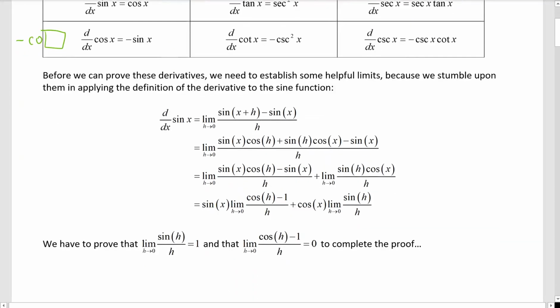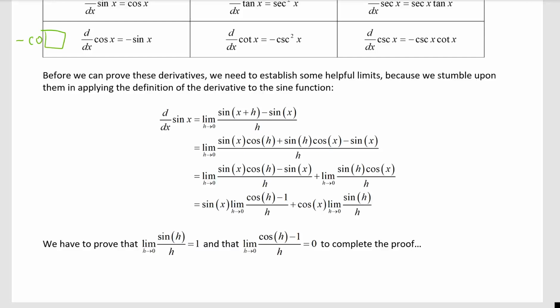Before we can prove these derivatives, we need to establish some helpful limits, because we stumble upon them in applying the definition of the derivative to the sine function. So this is the proof of finding the derivative of sine. We use the limit definition: the limit as h goes to 0 of sine of (x plus h) minus sine x over h.